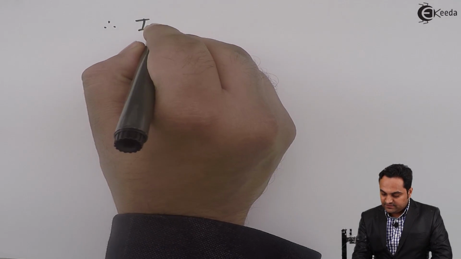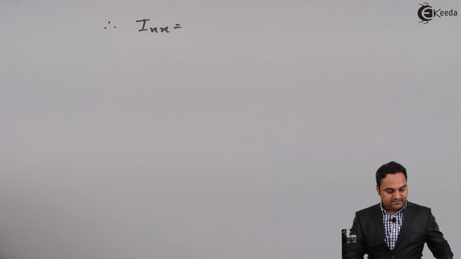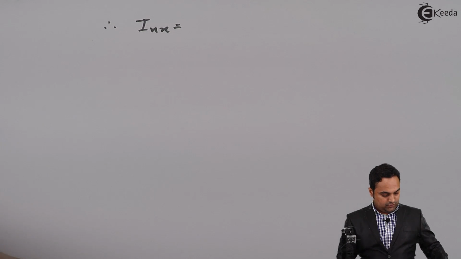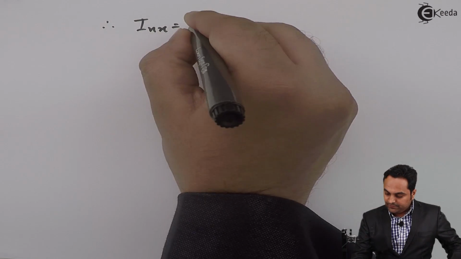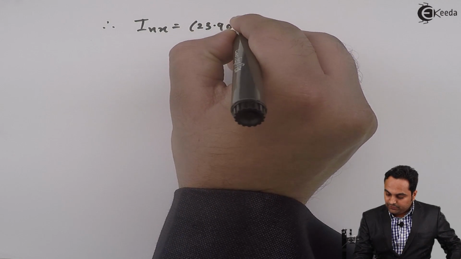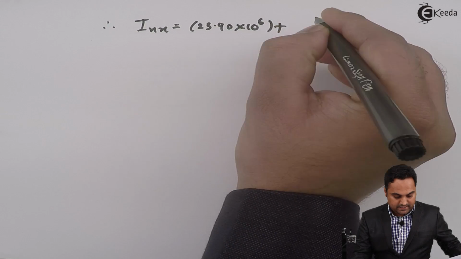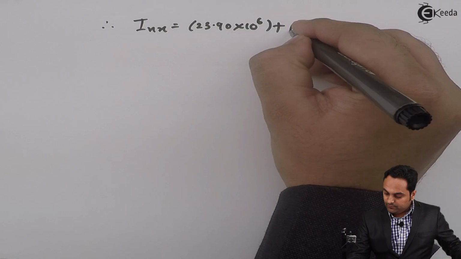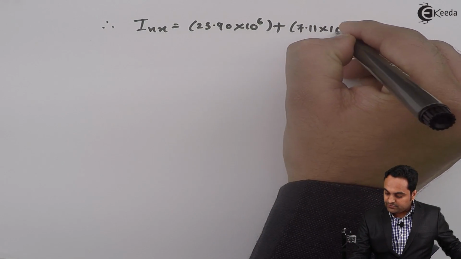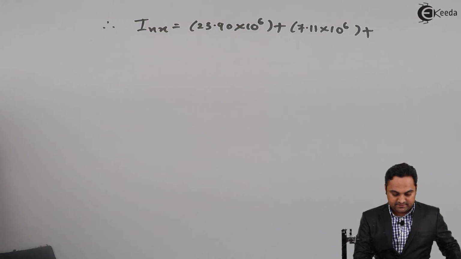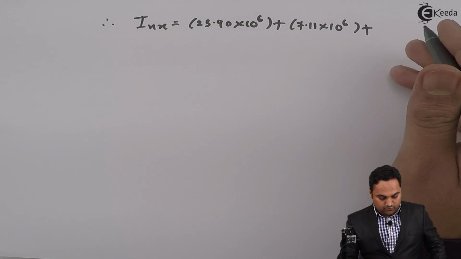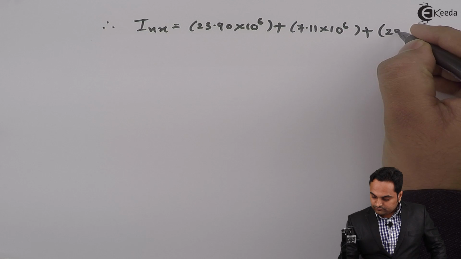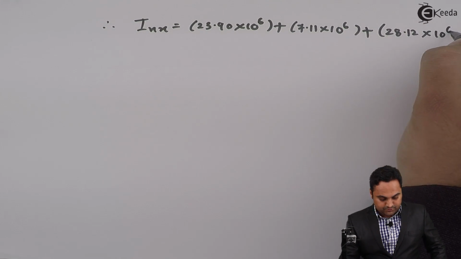Therefore Ixx will be equal to Ixx1, which was 23.90 into 10 raised to 6, Ixx2 7.11 into 10 raised to 6, plus Ixx3, that is 28.12 into 10 raised to 6.